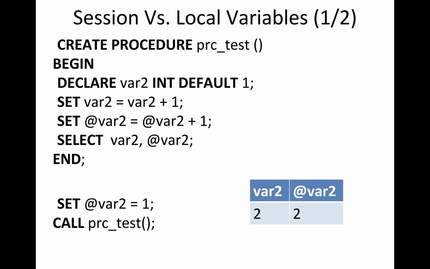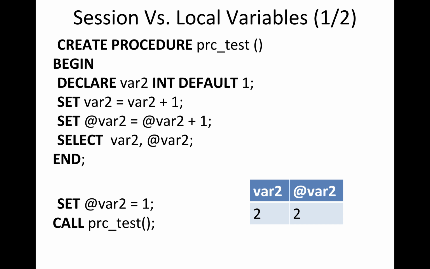This is just an example that if you do declare a session variable with the @ sign, right? That is kind of like a global variable that is available all across the entire session. So here we're selecting var2.